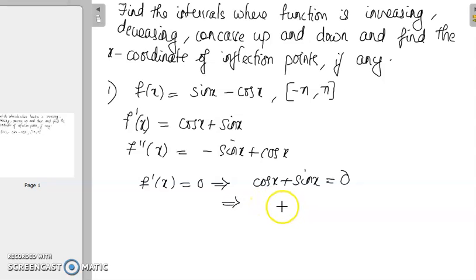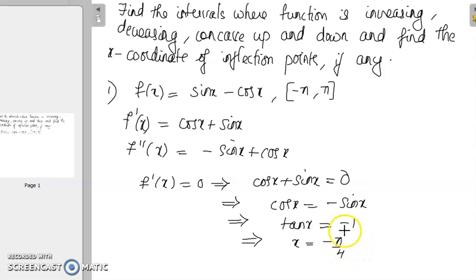That implies you will get cos x equal to minus sin x, or that will give you tan x equal to minus 1. So in the interval minus pi to pi, tan x will be equal to minus 1 when x is equal to minus pi by 4, and tan x, you know, is periodic with period pi.